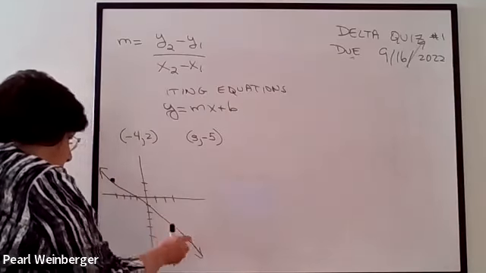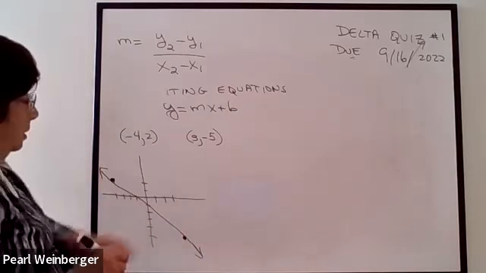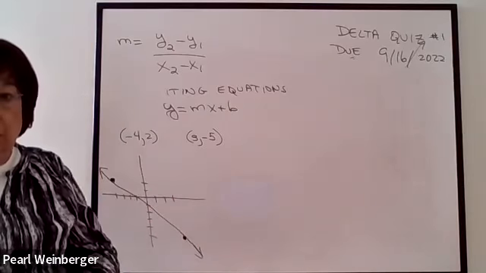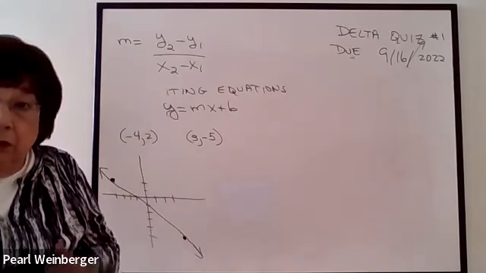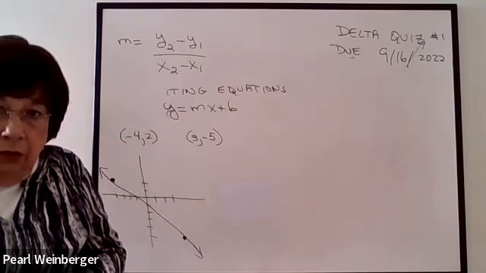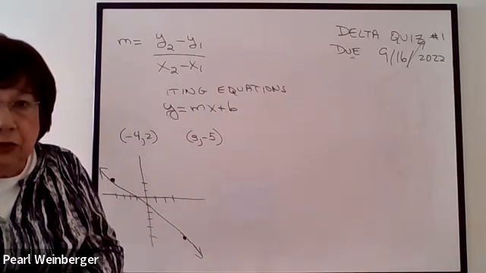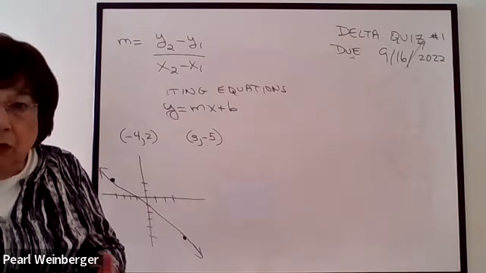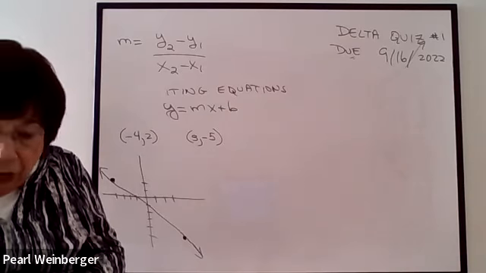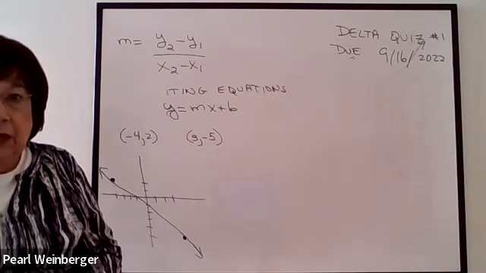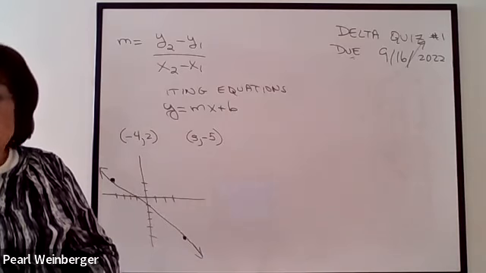Sorry about this. Okay. Here's a line. So we have a picture of the line. We know what the line looks like. What's the equation of the line? What's the y equals mx plus b that goes with this line? That's what we'd like to know.